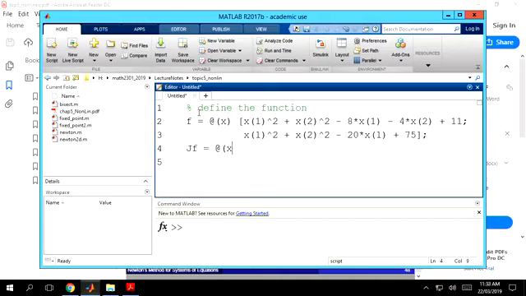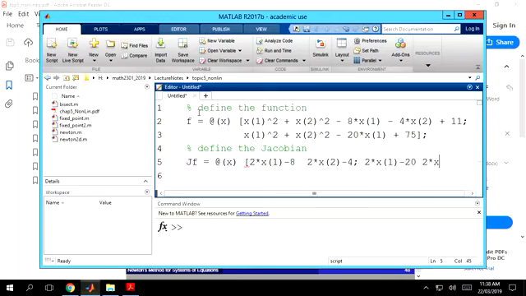So I define JF to be 2x1 minus 8, 2x2 minus 4, and 2x1 minus 20, 2x2.